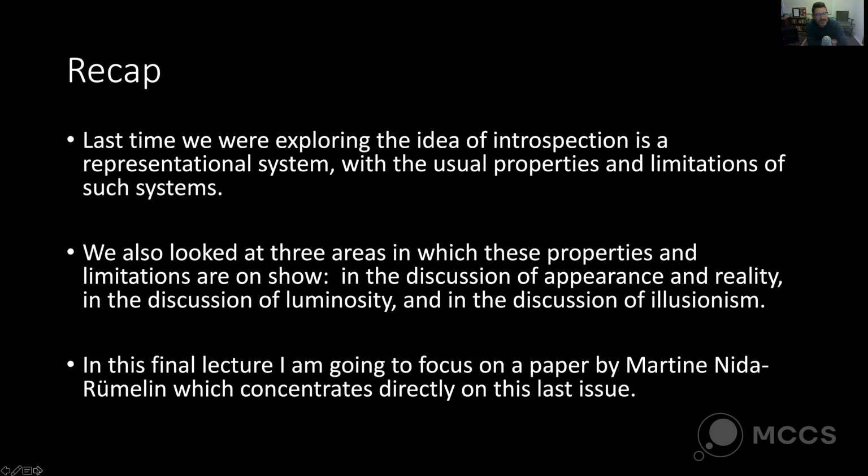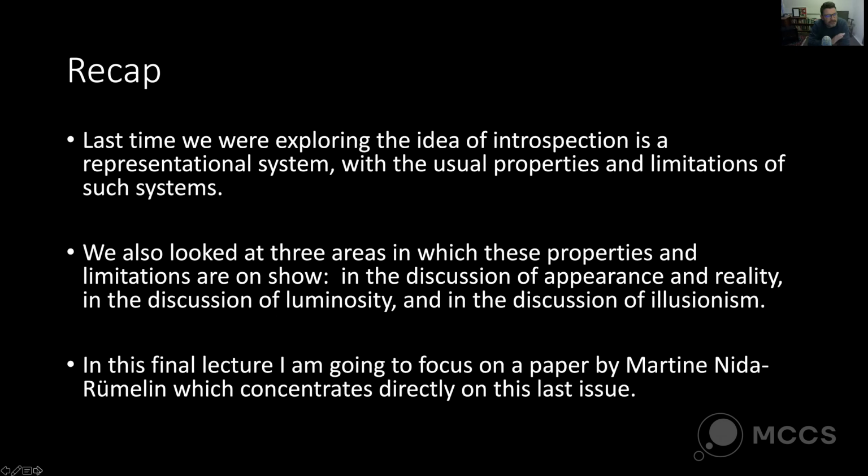So you remember last time I was exploring the idea that introspection is a representational system. And I suggested that any representational system is going to open up the possibility of ignorance and error, and moreover, any representational system will have certain built-in limitations. It will represent certain target properties and not others.